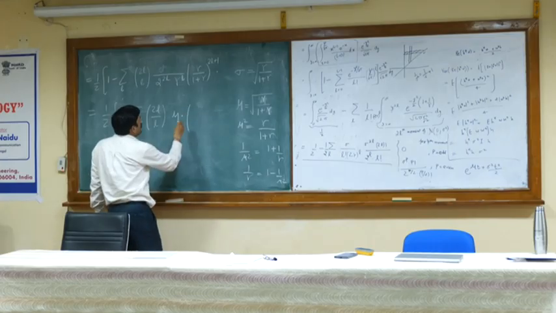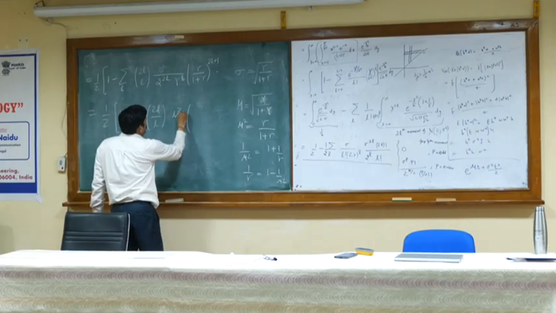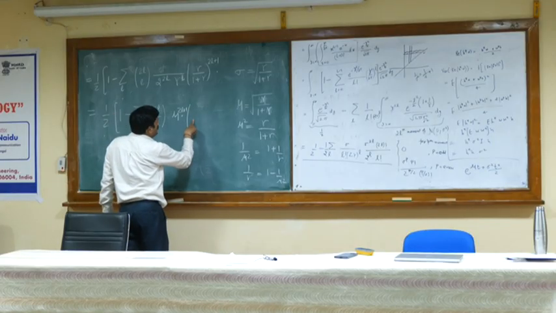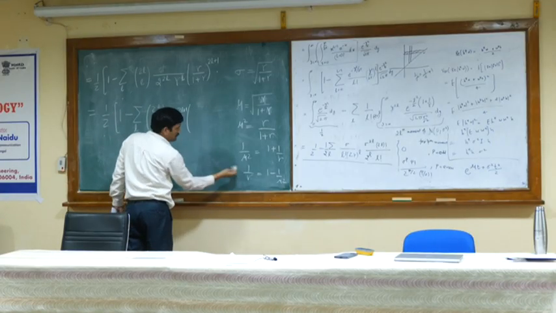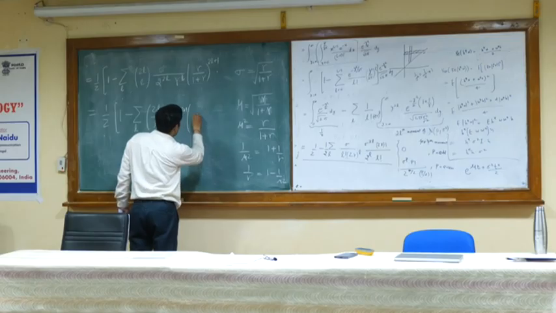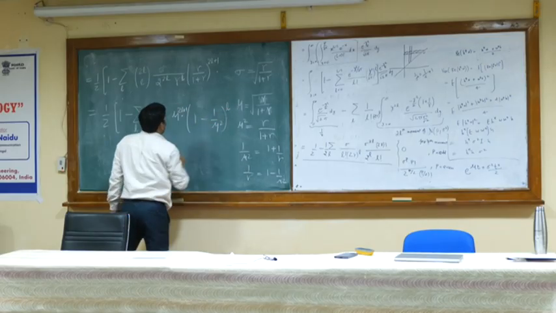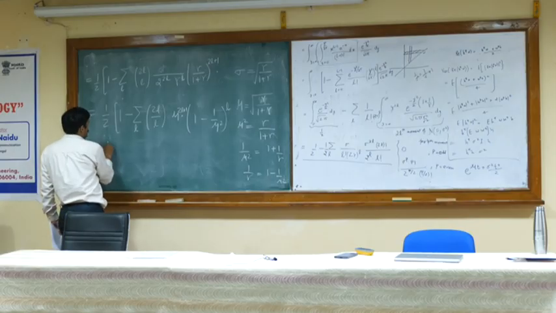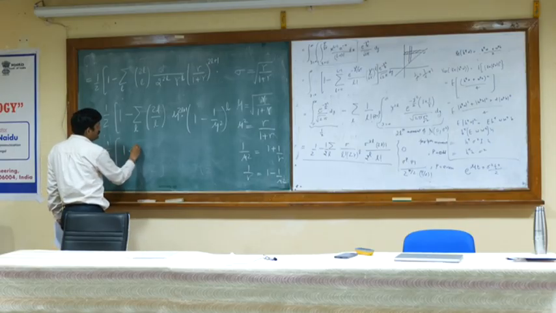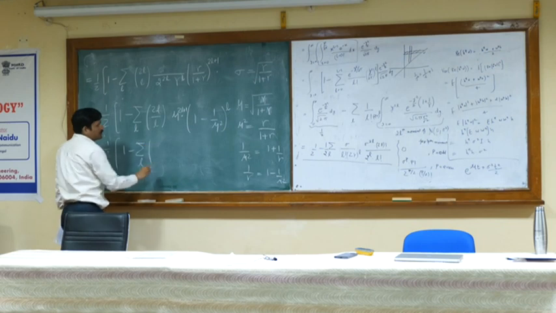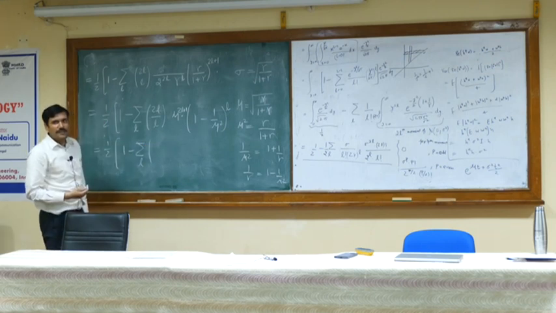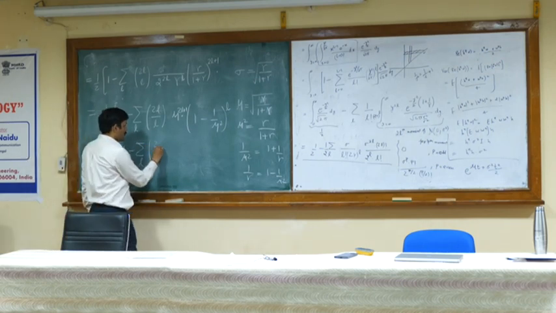So I can write here 1 over 2 plus 1 here, and this 1 by gamma I can write as 1 by mu square minus 1, to the power L. So it is just the rearrangement of different terms to get the answer.